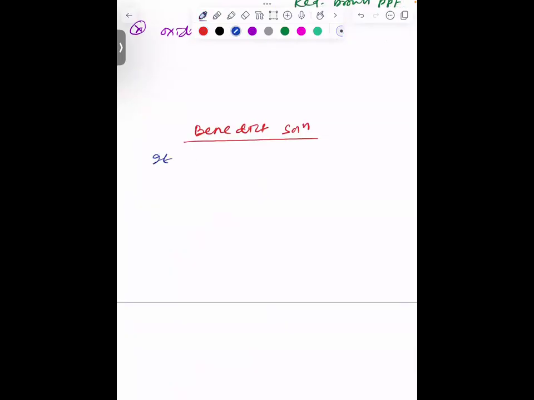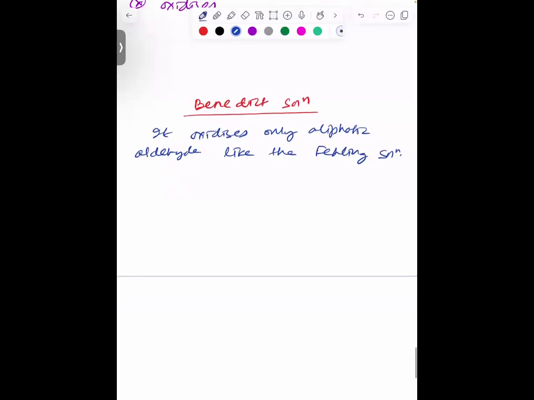It oxidizes only aliphatic aldehyde, like the Fehling's solution.